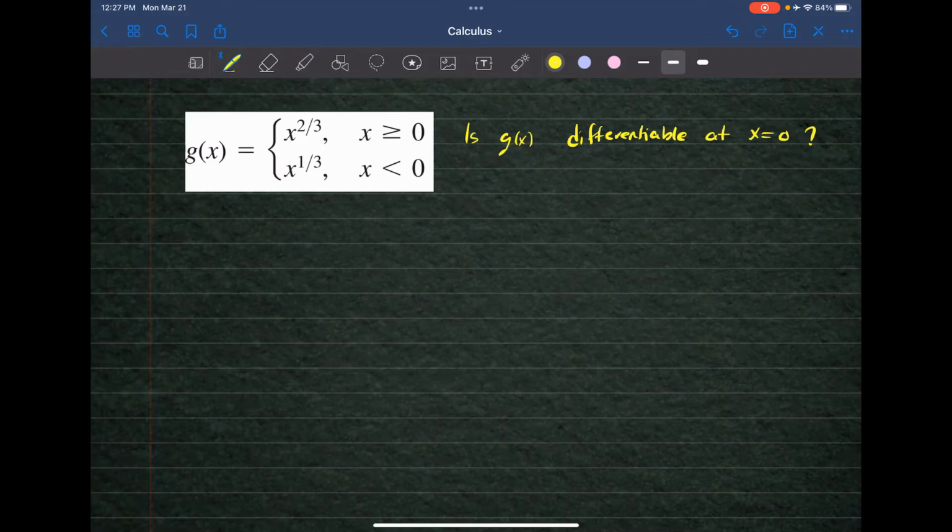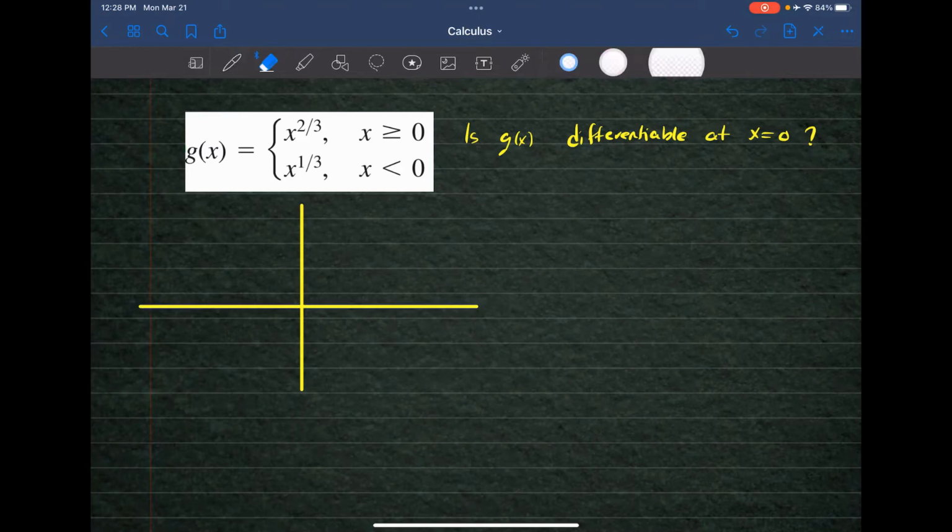Now sometimes by graphing it, it might not be clear, but let's take a look at the graph just in case you are wondering how this looks. So x to the 2/3, well, that's a nice continuous function, but we're only looking at that piece when x is greater than 0. So roughly drawing, it looks something like this.